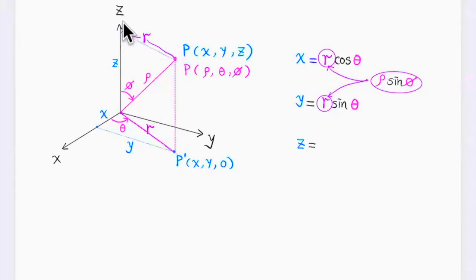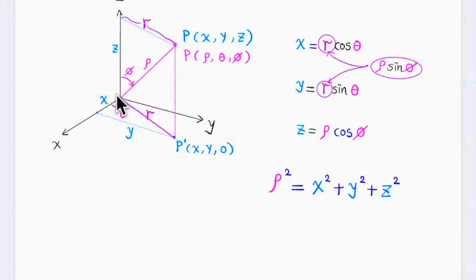Looking at this right triangle over here, you see that z is equal to rho times cosine of this angle, phi. Also, the distance formula shows that rho squared is equal to x squared plus y squared plus z squared.